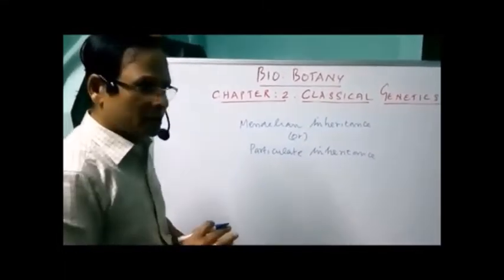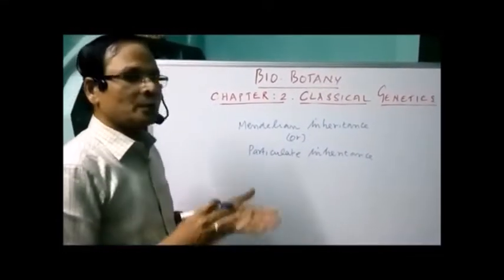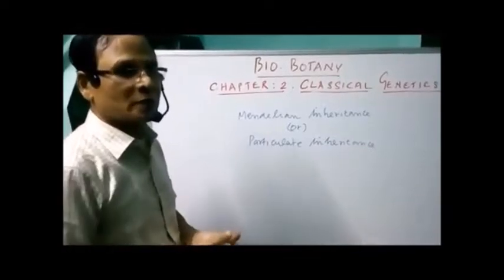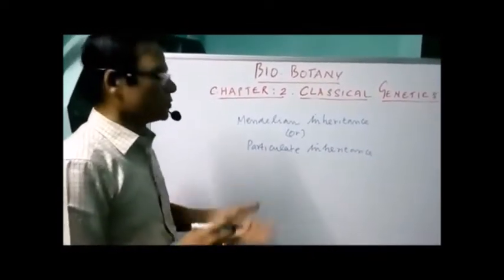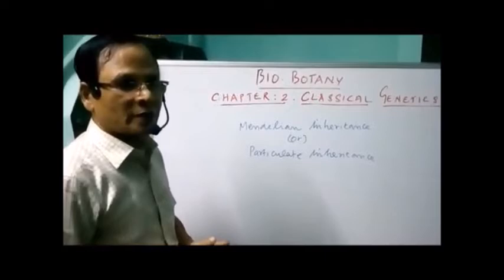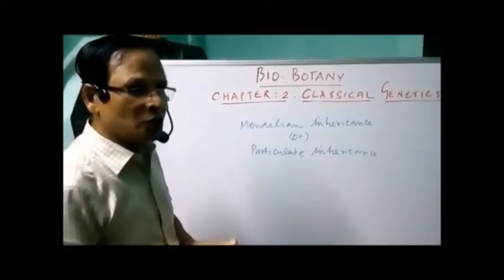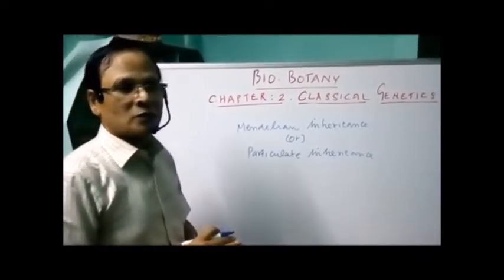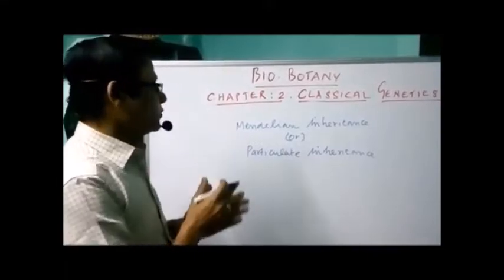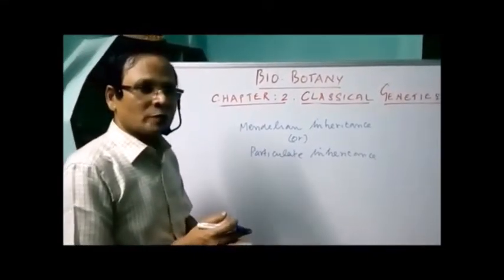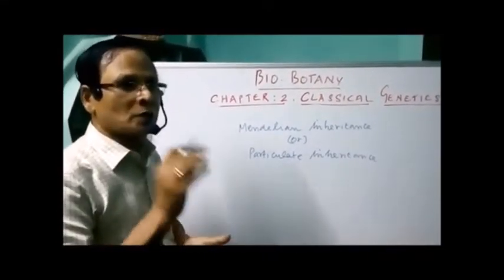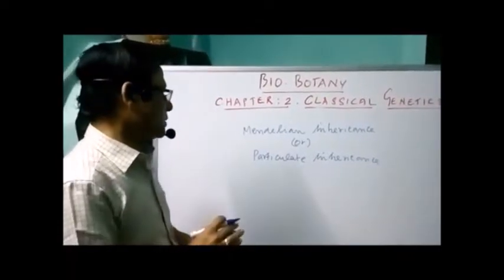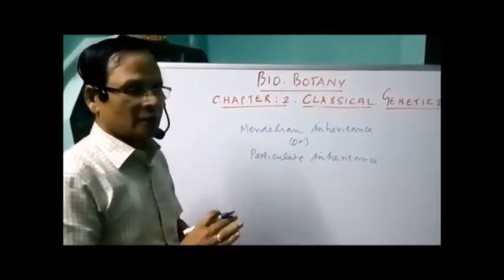These are minor particles, which are nothing but the hereditary units, called factors by Mendel. The word gene was used by Johannsen in 1902. But before that, only the word factor was used by Mendel. He did not use the word gene for the factors.